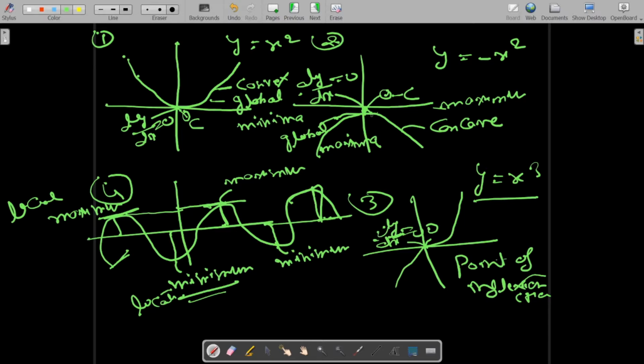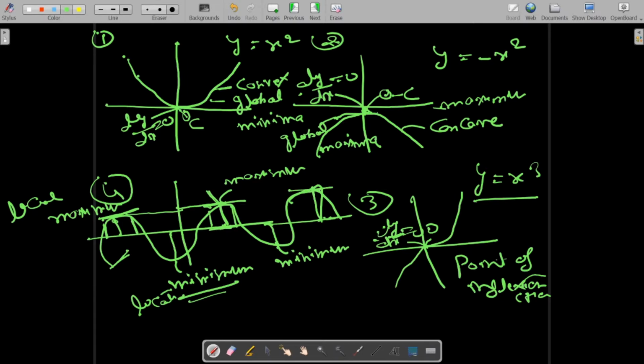Similarly, in the second graph, in its domain, it is taking only one maxima at this point. But in this fourth graph, if you see, it is taking multiple maxima with respect to their neighborhood. If you cut this at this range, for this particular range, this is the maximum point. Similarly, for this maximum point, if you take this range from here to here, this point is maximum.